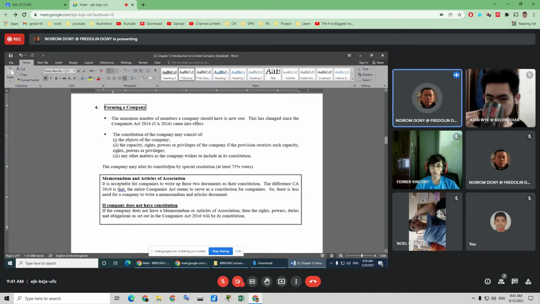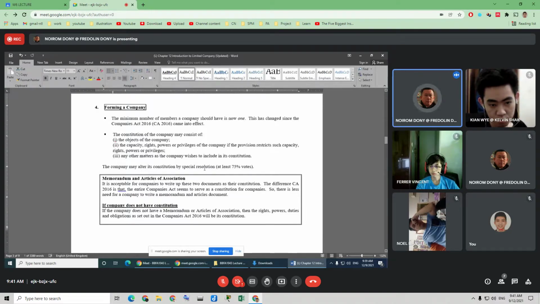The company may alter its constitution by special resolution. Once you have set up your constitution, the terms can be edited, changed, or modified, but you need to go through a special resolution. What is a special resolution?